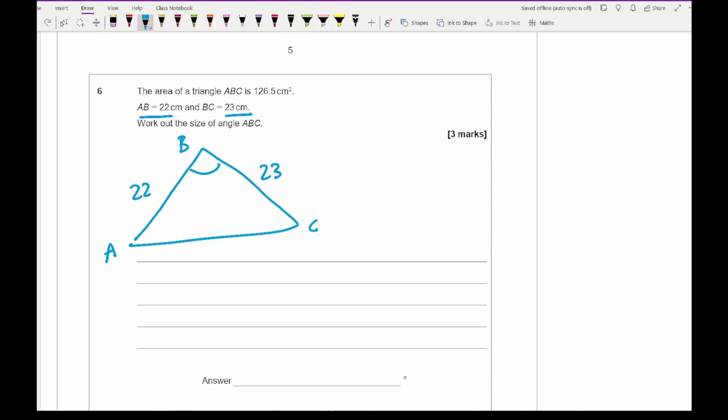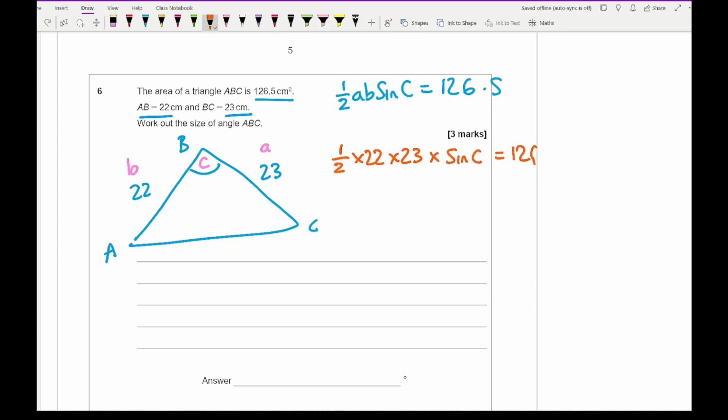Now from this we know that the area of the triangle is this. So here I've got half ab sine C equals 126.5. Now if I take a as being 23, b as being 22, I can then work out what angle C is going to be, which I'm going to call this here C. So then from this I can do a half times 22 times 23 times sine C equals 126.5.